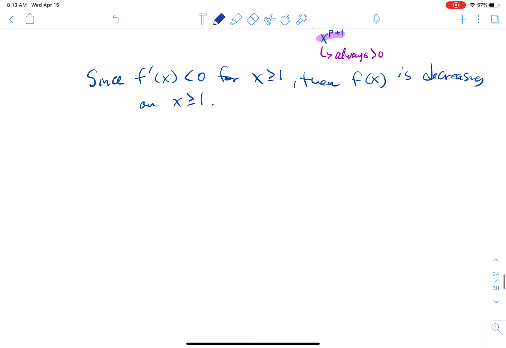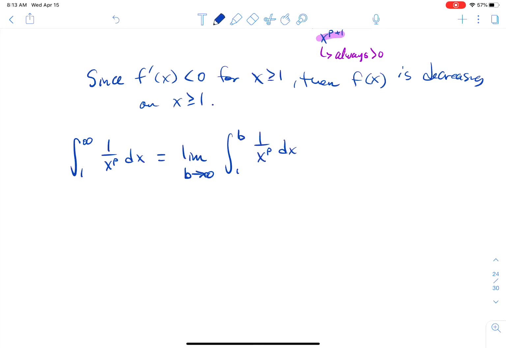So to apply the integral test, we're going to take the improper integral from 1 to infinity of 1 over x to the p dx, turn that thing into a limit as b goes to infinity, 1 to b, 1 over x to the p dx.